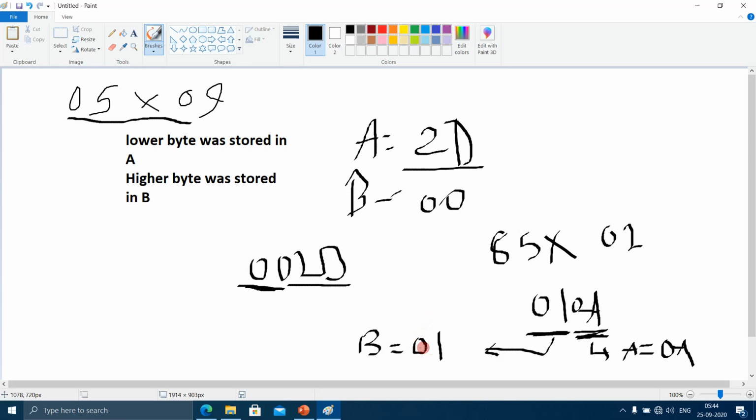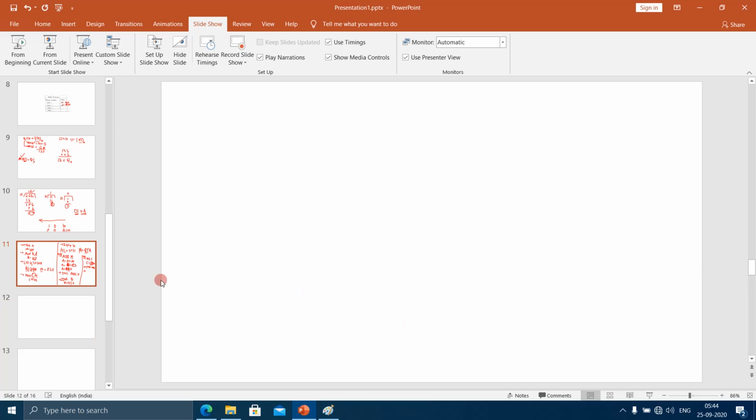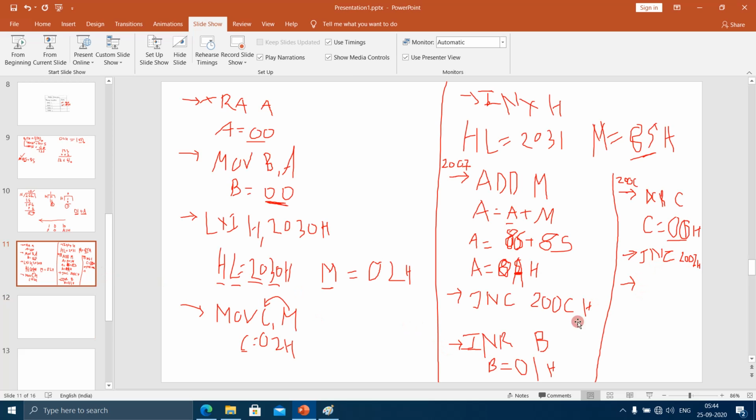So in B register 01 is there, in accumulator 0A is there. When we talk about the program till JNZ, in accumulator 0A is there and in B 01 is there. Now we want to store this 0A at location 2032 and then the 01 to location 2033.